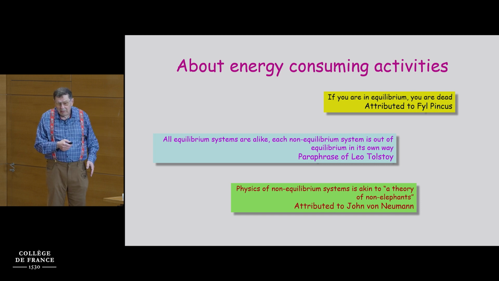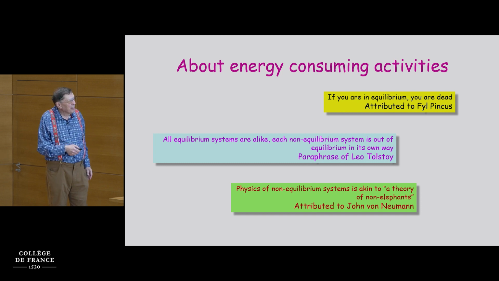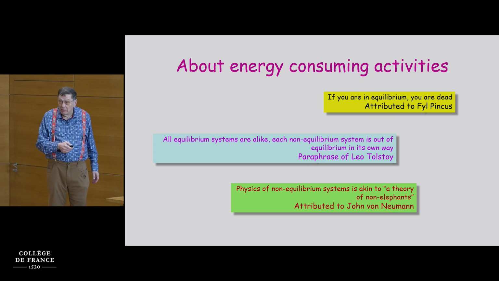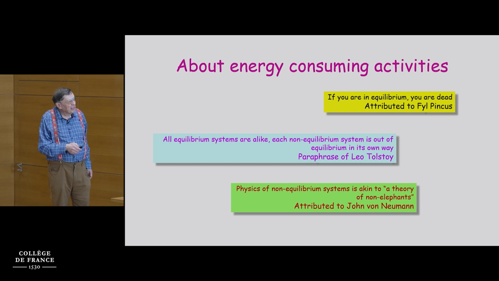There it's about families, and by the way, I disagree with Tolstoy about families, but that's beyond my point today. And the final statement is attributed to von Neumann. As I speak, I realize that somehow von Neumann apparently was concerned with elephants for some reason. I don't know. In any case, I hope that Phil Pincus would not be insulted by being in the company of Tolstoy and von Neumann.